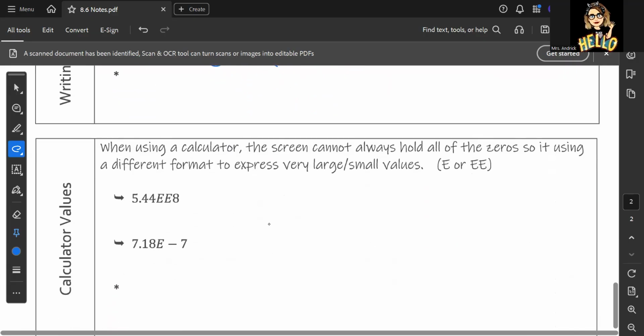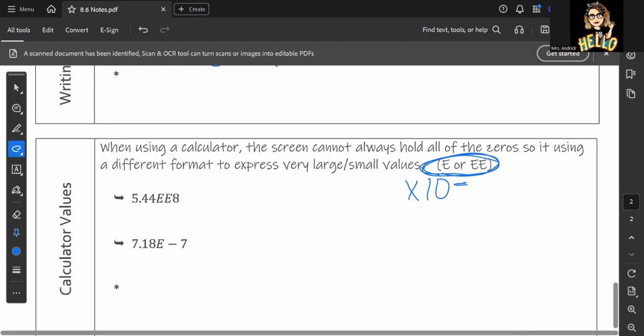Sometimes your calculator can't show it, depending on what calculator. If you're using those little blue ones, they don't have enough numbers to show. And sometimes your phone calculator will show, instead of our formula times 10 to some number, another way to write that using the letter E or double E's.